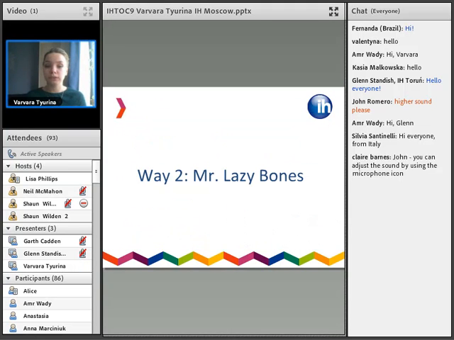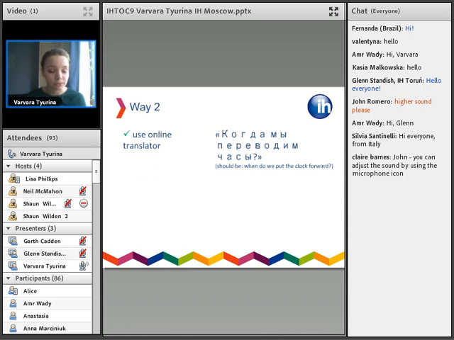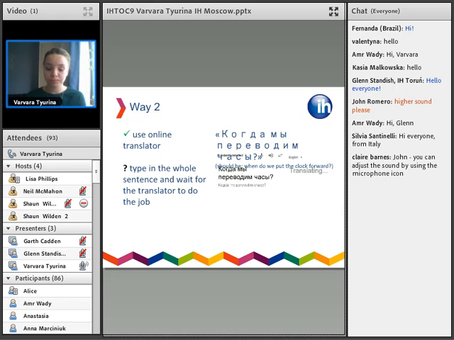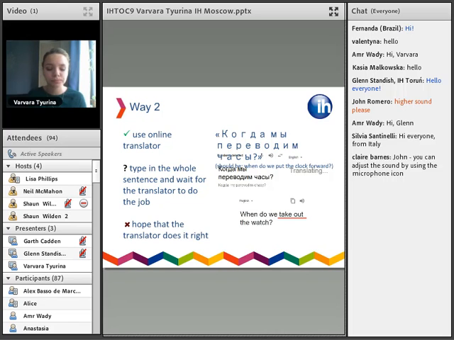So way number two could be called something like Mr. Lazybones. So the student uses the online translator again, but this time he goes for translating the whole sentence, which can be a smart move because this time the translator has the context, and we hope that the translator can choose the right option from that 10 plus list.